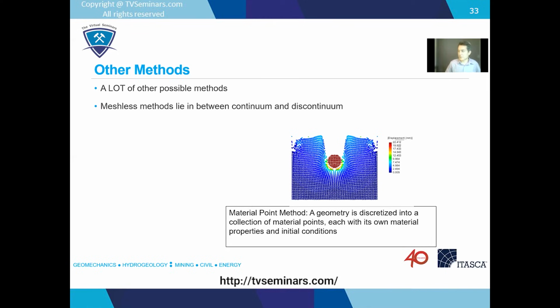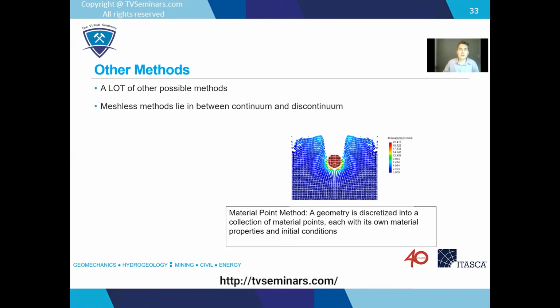What this is, you generally have some sort of particles moving through a background mesh. And this is kind of neat because it's sort of halfway between a continuum and a discontinuum. You get this sort of discontinuous behavior because you have these separate particles, but it's still kind of like a continuum. And so there are a bunch of different versions of this, like smooth particle hydrodynamics.